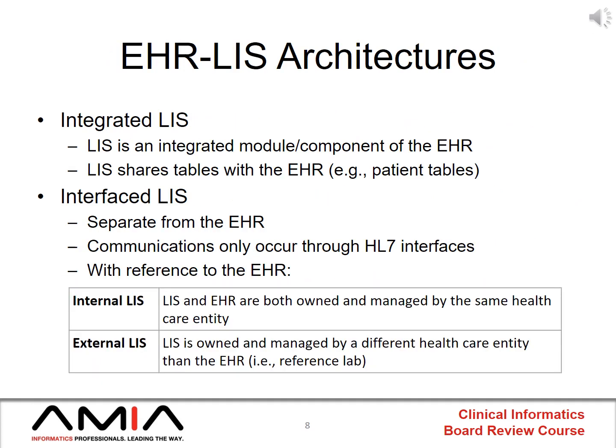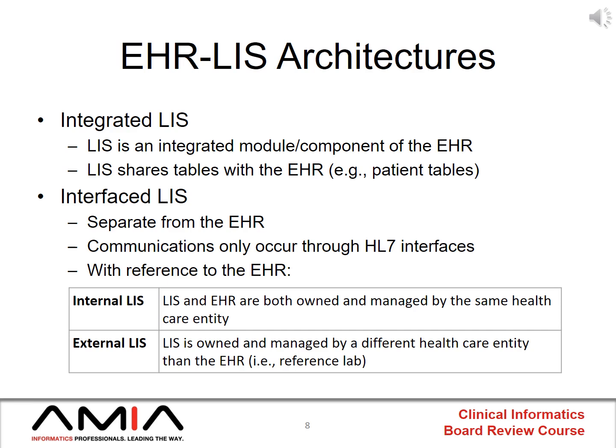So, beginning with EHR to LIS architectures. With relation to an electronic health record, an integrated LIS is one in which the LIS is basically part of the EHR. It's either a module or component of the EHR. In this case, the LIS shares its tables with the EHR, specifically patient tables and other tables.